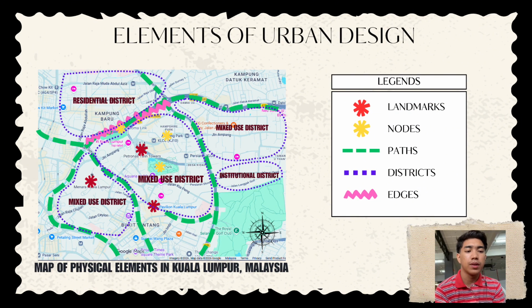So in this slide, this is the example of application of the 5 elements of urban design that can be located in Kuala Lumpur city centre.